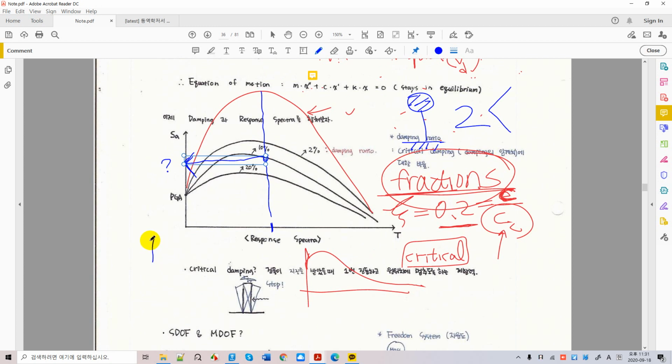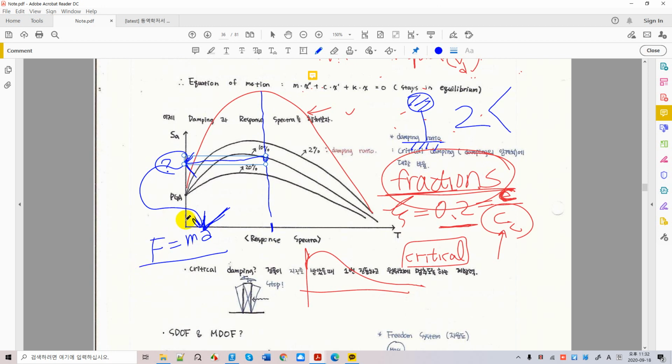Your Newton's law, F equals ma, isn't it? So you know the a part, which is from here. This is why you calculate accelerations. So the a, which you picked up from the y-axis, the SA axis, you use that value right here and multiply by your building mass. So you get an earthquake lateral load.